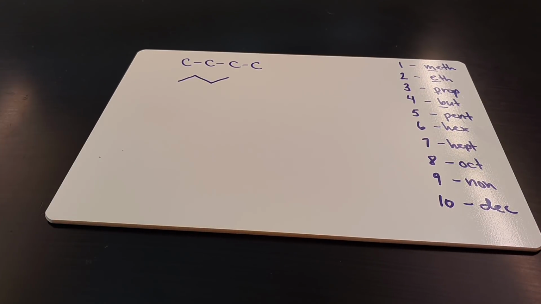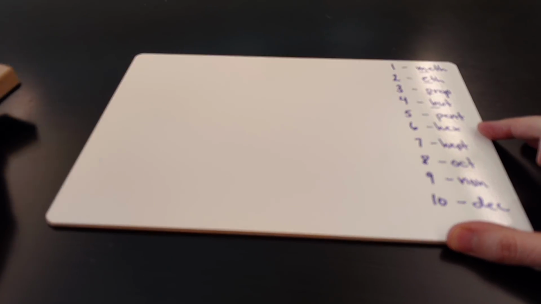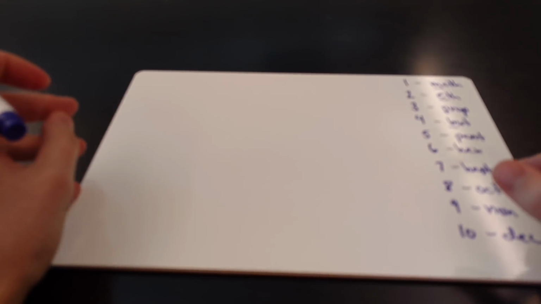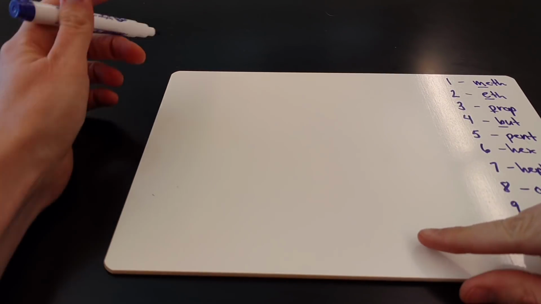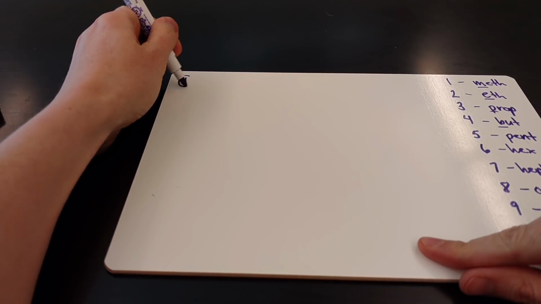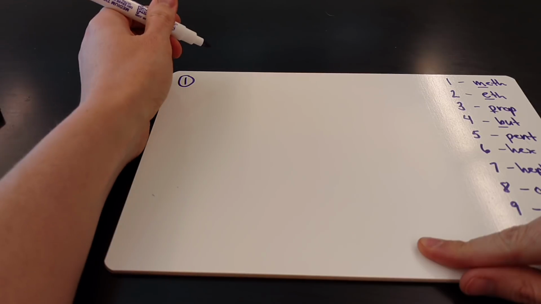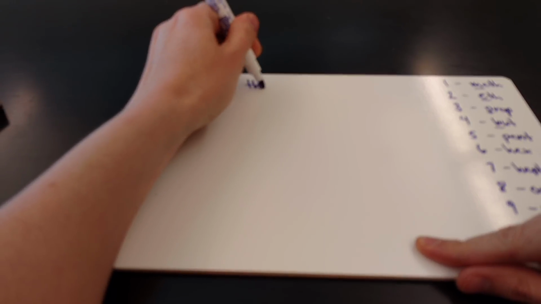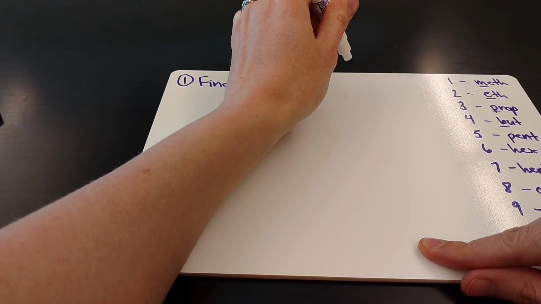Okay, let me give myself some more room here, and we're going to take notes in the notes packet where it says naming branched chain alkanes. We're going to have 3 steps, and then we're going to do an example together. So you can divide your note space accordingly. The first step in naming branched chain alkanes is to find the longest chain of carbon.